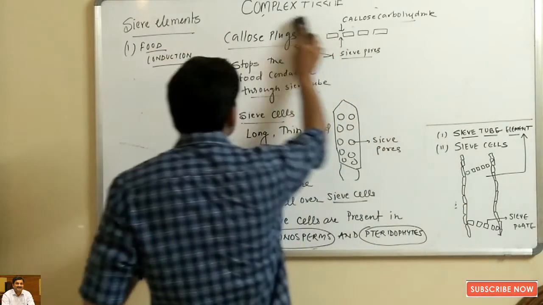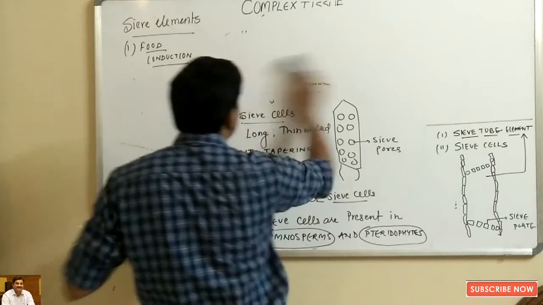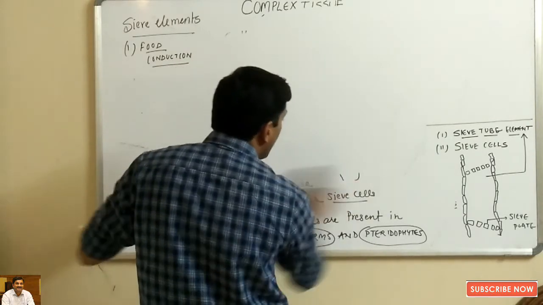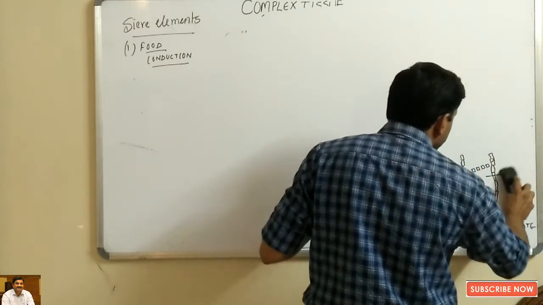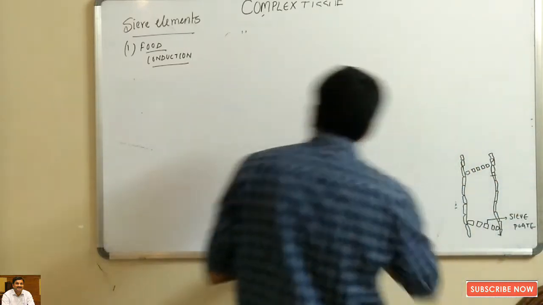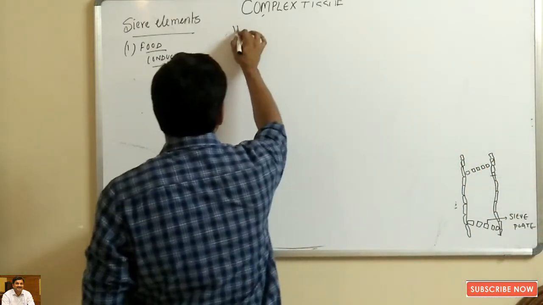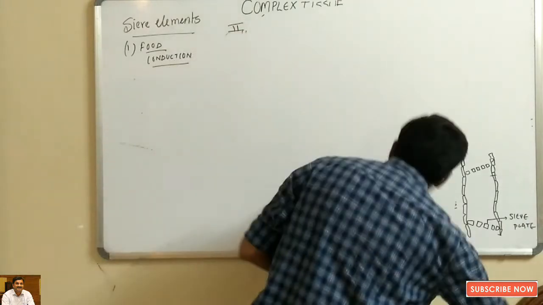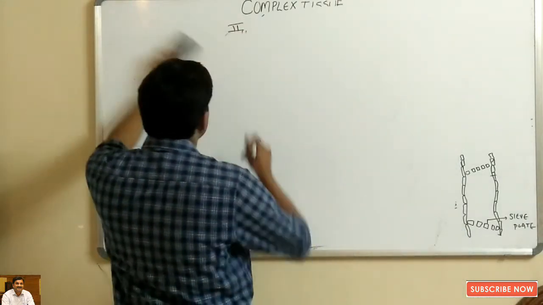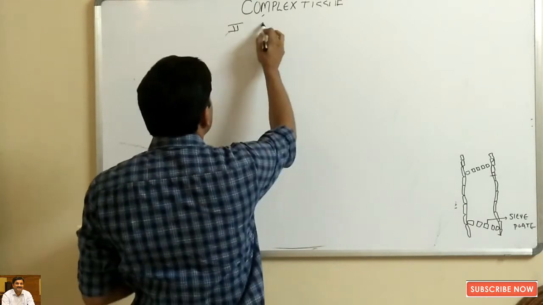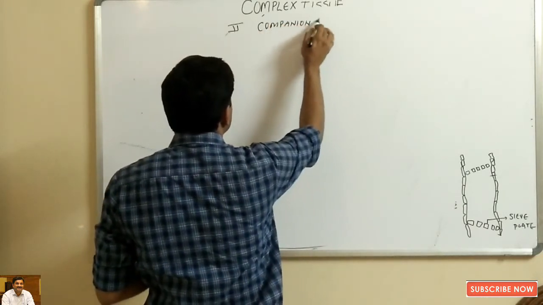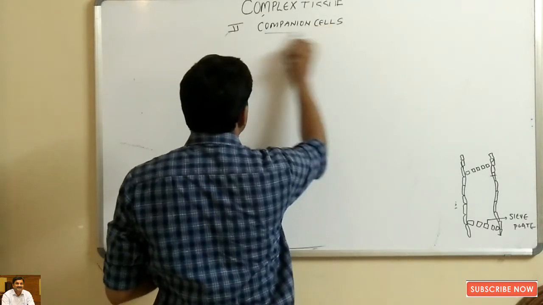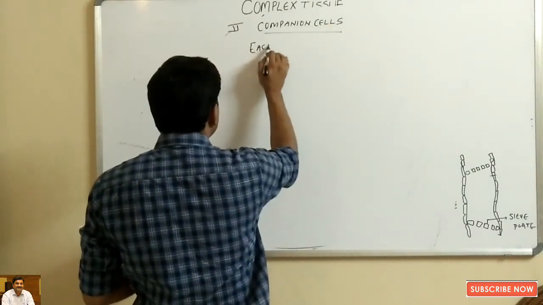Now coming to the next one, that is known as the companion cells. Where are companion cells present, what is their location and all. The second component of the phloem is called the companion cells.